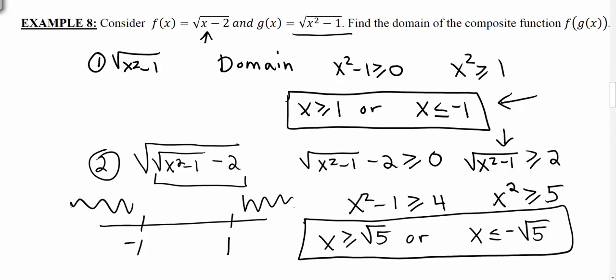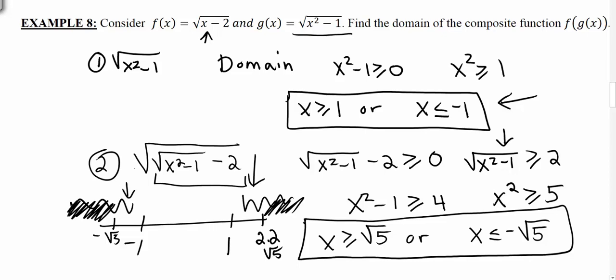Now, if I were to add on my root 5 and negative root 5, the square root of 5 is approximately 2.2. So that means that somewhere over here is the square root of 5, and somewhere over here is negative square root of 5. So now, if I'm saying I can only include numbers there, that's more restrictive because it's not even including this.